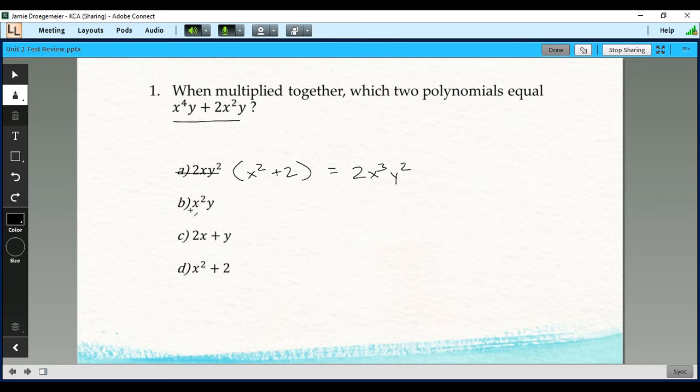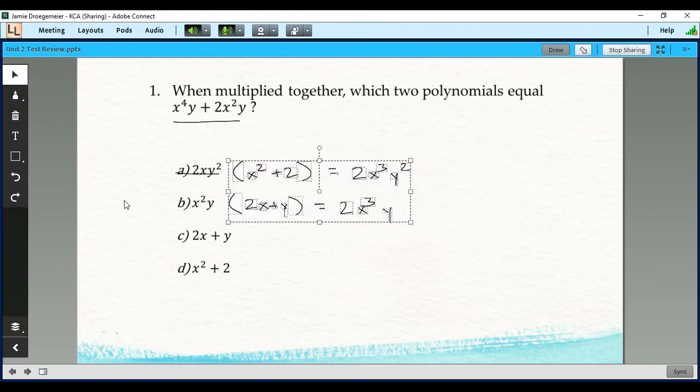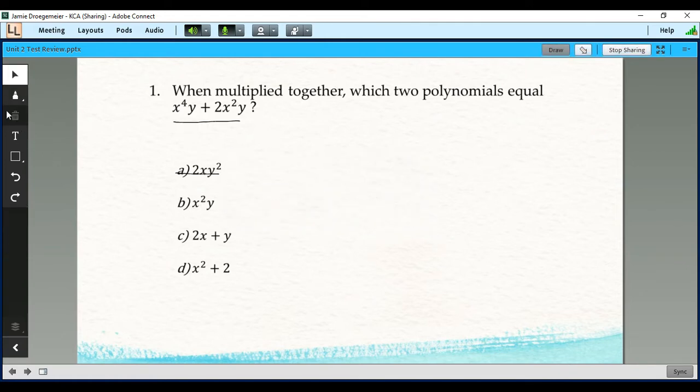It has to be B that we're multiplying by either C or D. So if I take B times 2x plus y, my first term, I would have 2x squared y times x would be x to the third y. Well, that doesn't match here. So it looks like we're going to be multiplying B times D to get that particular expression.